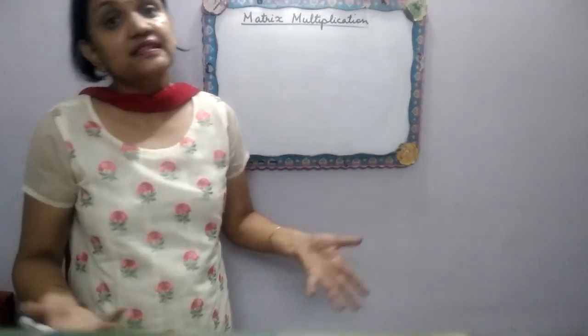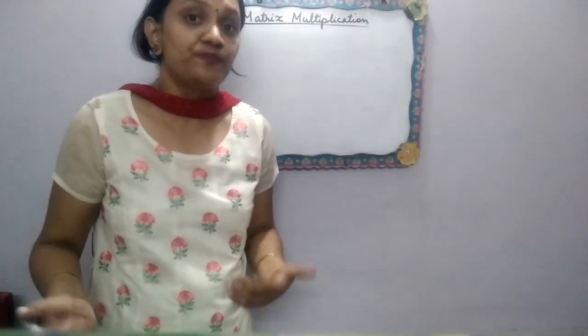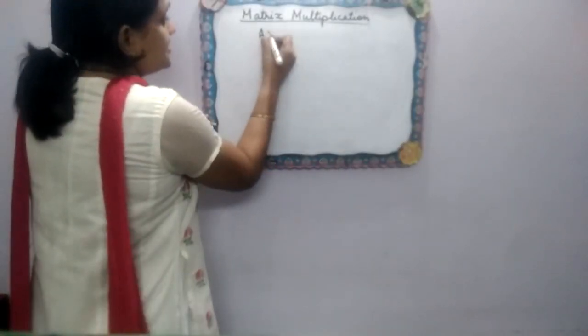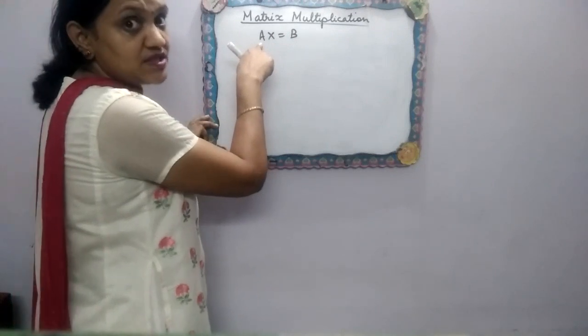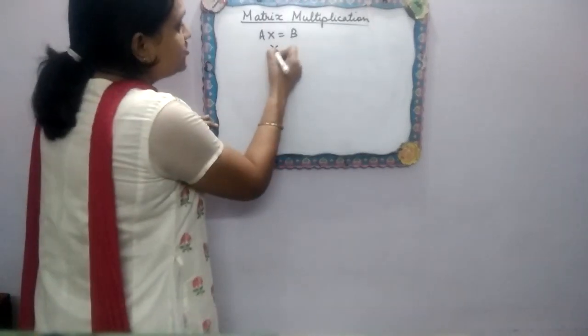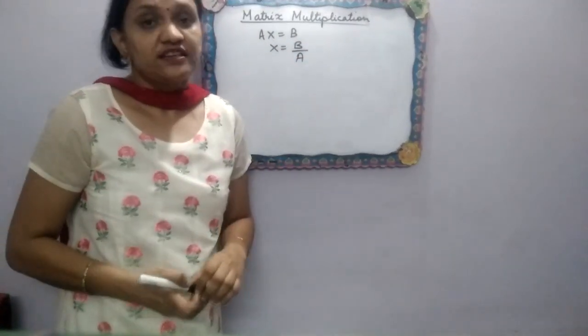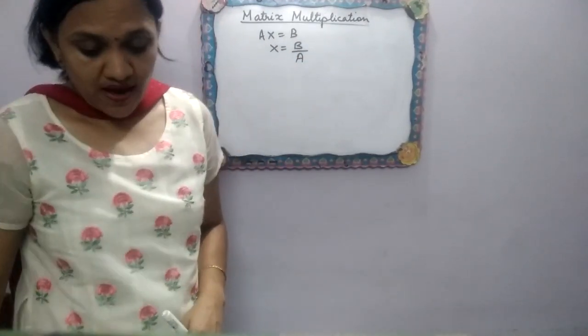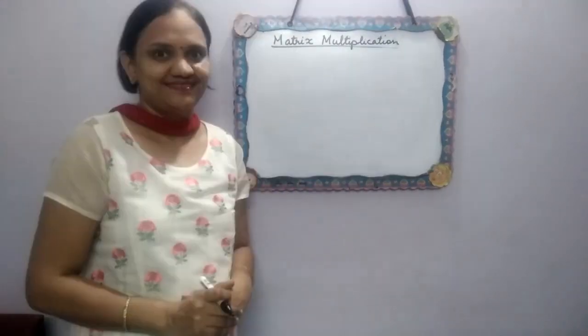Suppose AX is equal to B, and you know the elements of A, you know the elements of B. Can you write X equal to B by A for matrices? No. Matrix division is not possible. So we have to devise some other way of doing it.